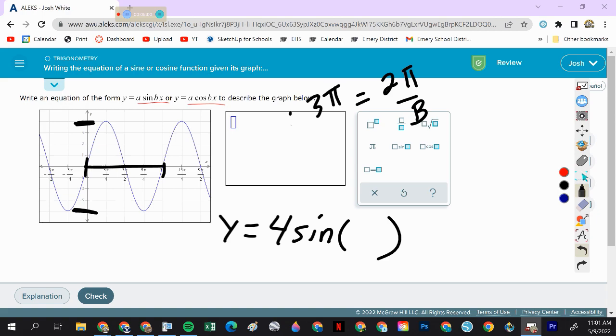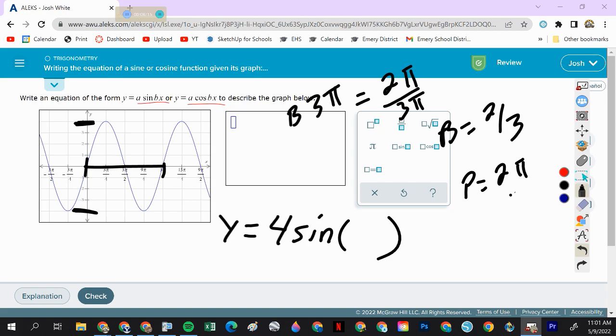So we multiply by B, and we divide by 3 pi, and we get B is 2/3. So the formula is P equals 2 pi over B. So we know that the period is 3 pi, so I put a 3 pi right there, and then I get B is 2/3. So 2/3 x.